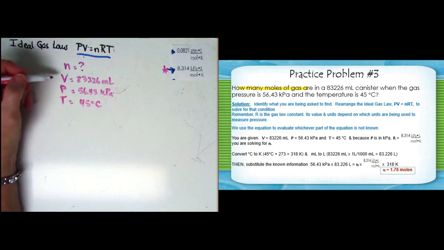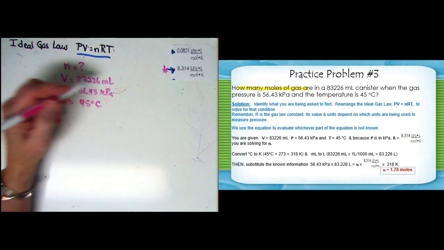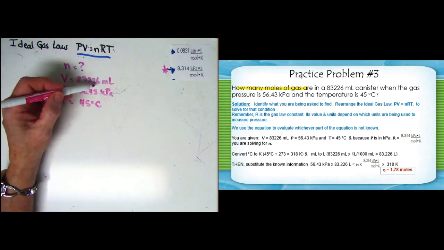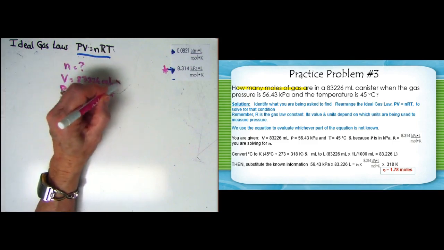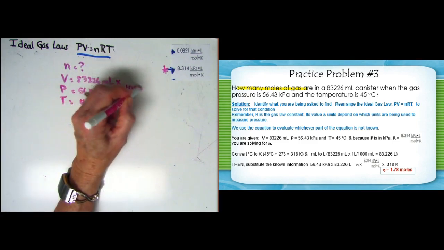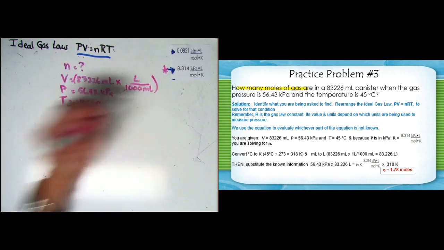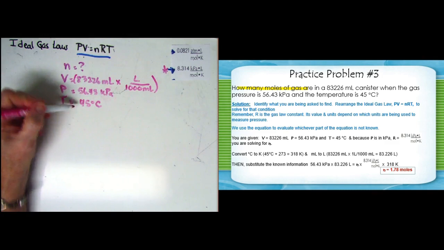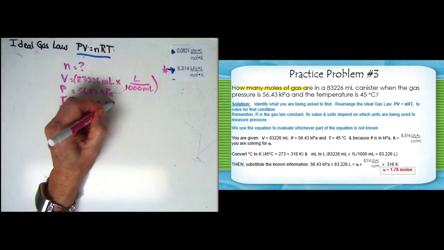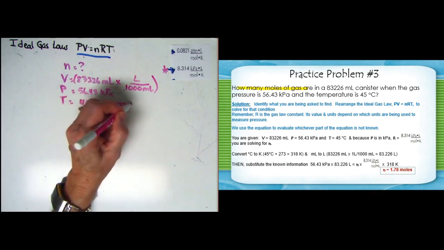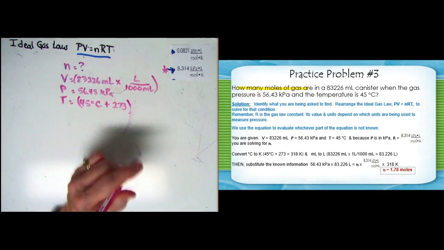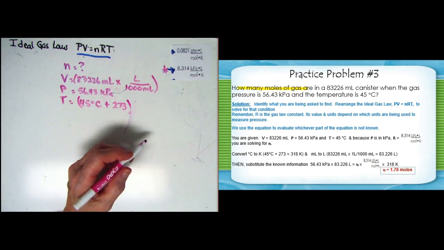So the first thing we have to do, though, is look at this. We've got to be in liters, right? So we're going to have to convert this. And we know that there's 1,000 milliliters in a liter, so there's your conversion for that one. And we know we're going to have to go from Celsius to Kelvin. So we're going to add 273. And then we're going to get our value there for Kelvin.